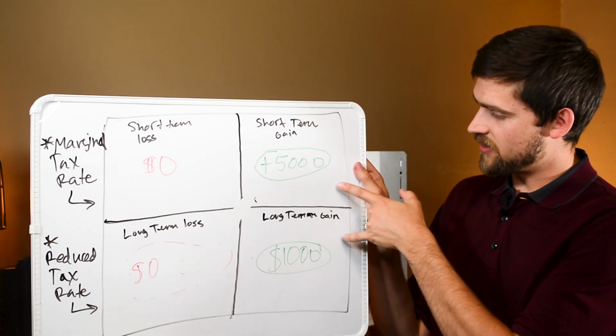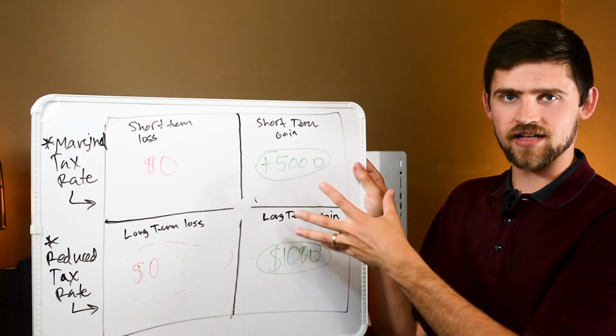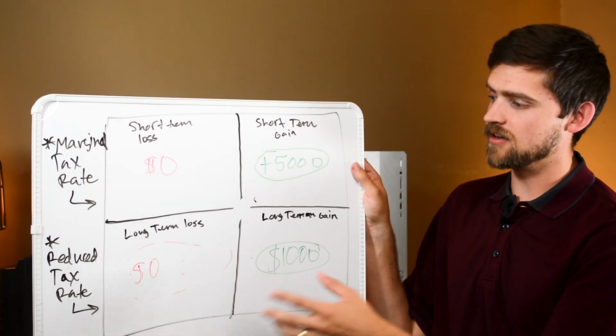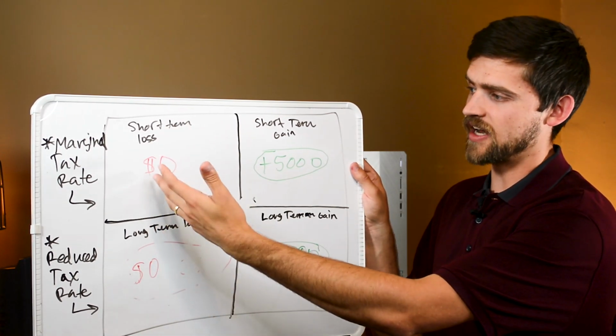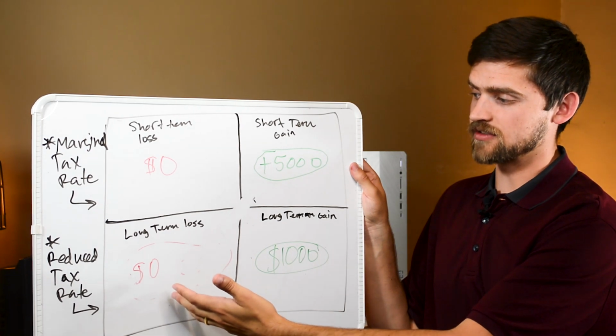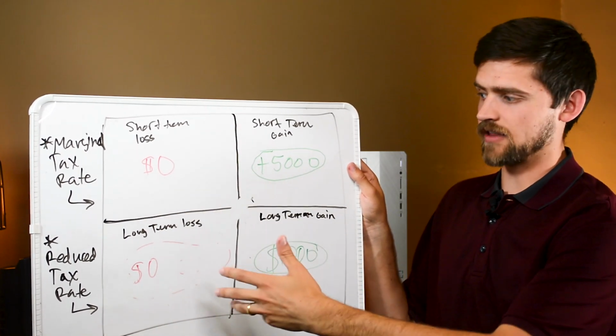So here you can see that the short-term gains and long-term gains don't add together or cancel out in any way. This is your short-term gain, this is your long-term gain. The same thing over here, you might have $3,000 worth of short-term losses, and then you might have $1,000 worth of long-term losses, and they're not really going to cancel out.